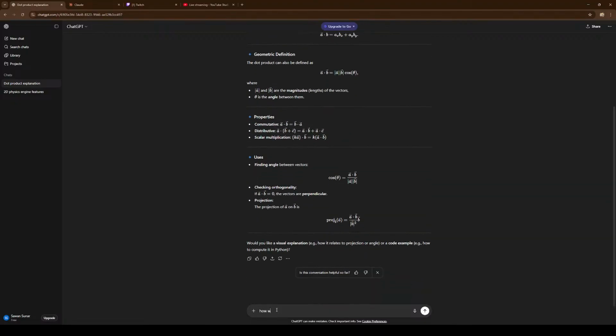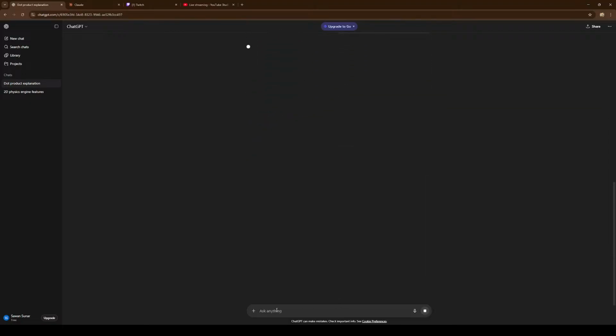Okay. How would you do a resolve velocity? Resolve collision, without mass.